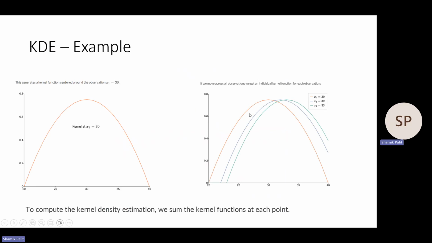You can see that there are three different lines at three different points as we have considered. In this way, once you start finding the estimation, we take the summation of the kernel functions at every point, and we get a kernel density estimation in the following way.